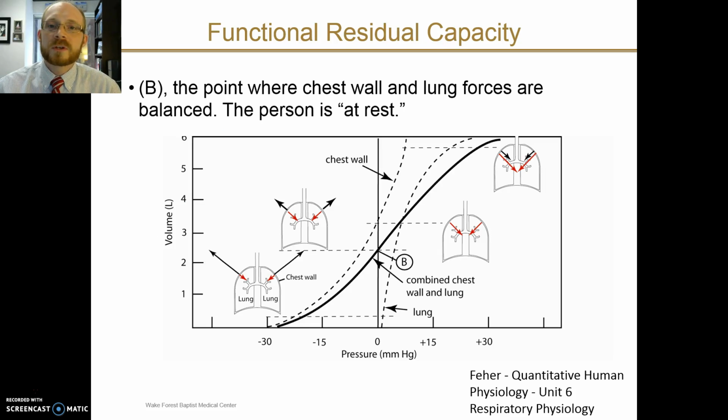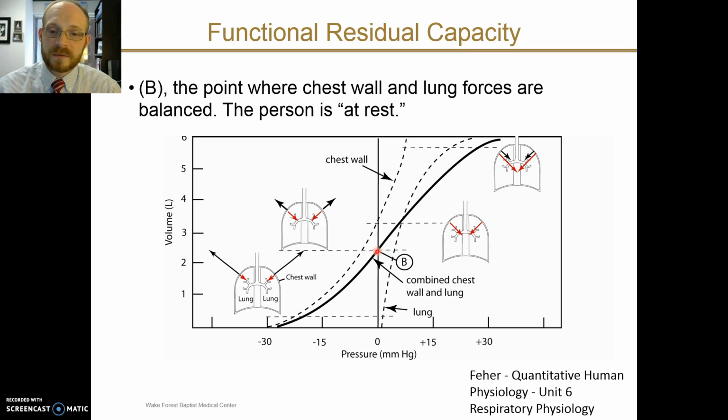So let's look more at functional residual capacity. Remember that this volume is a set volume based upon the compliance of the chest wall and the lungs. This dashed line shows the compliance of the chest wall among different ranges of pressure and the pressure volume curve that's generated. This dashed line shows the same thing for the lung tissue.